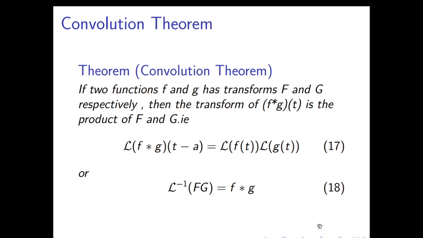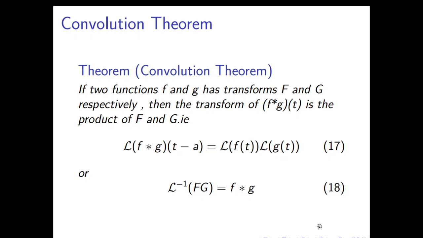So here we have the convolution theorem. If we have two functions f and g with the Laplace transforms capital F and capital G respectively, then the transform of f star g of t, that is convolution of f and g, is the product of capital F and capital G. So the Laplace transform of convolution of two functions is equal to the product of Laplace transforms.